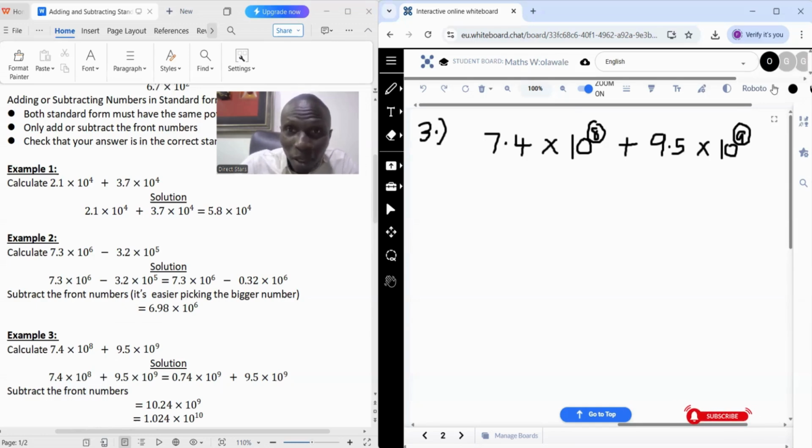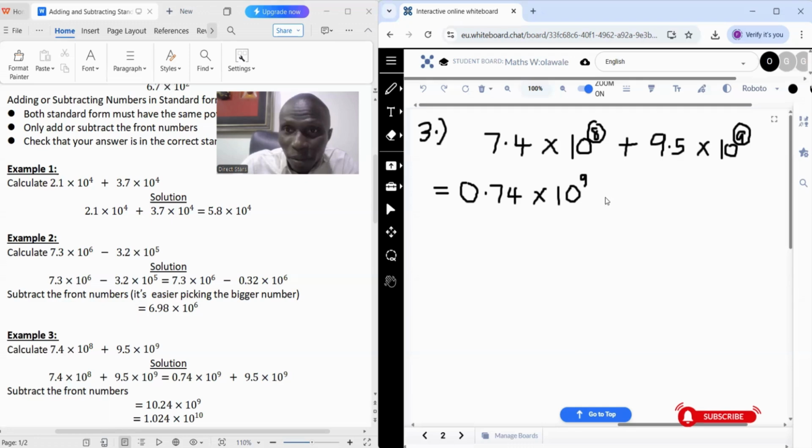So it means that we can have the first standard form to be 0.74 times 10 raised to the power of 9. If you look at this, we reduce the front number by one decimal place and we increase the power by 1.